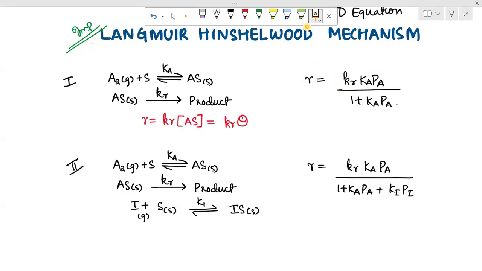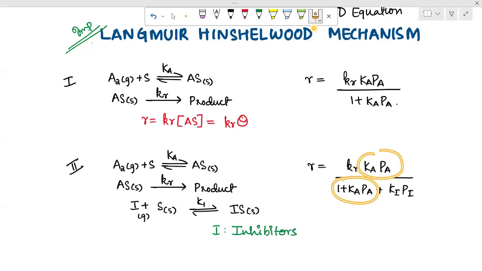Easy. At times, you can have certain substances like inhibitors. I is an inhibitor. So when you have inhibitors, there would be competitive adsorption. So if you have competitive adsorption, what you have to consider is KAPA by 1 plus KAPA.